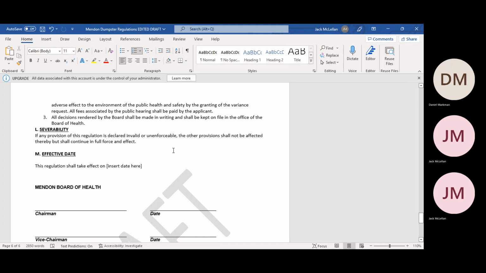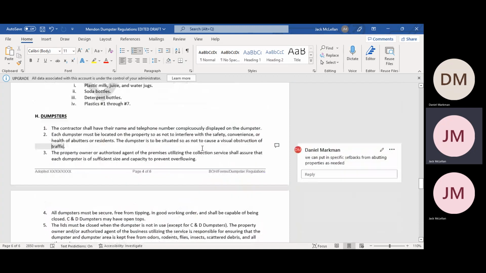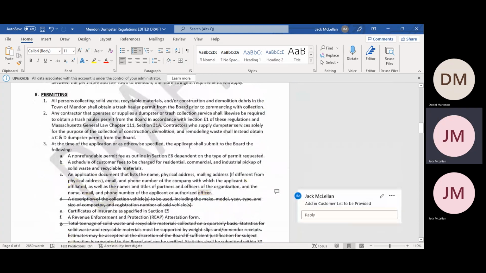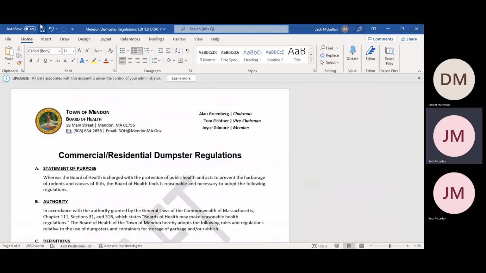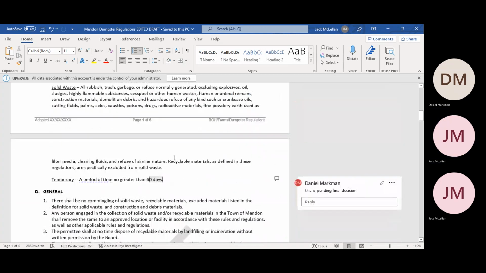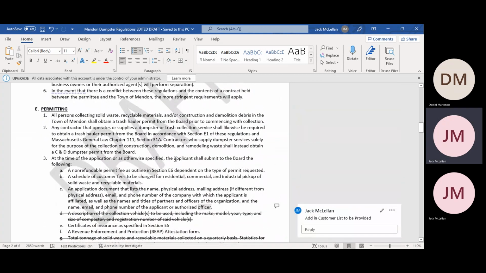Tom, do you want to go back through any sections? Making some notes. Well, under the permitting, under number 1, where we use the word "all persons collecting," change the phrasing to "all persons contracted to pick up and dispose of."